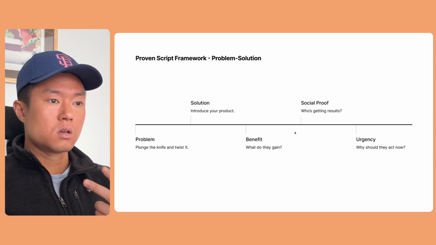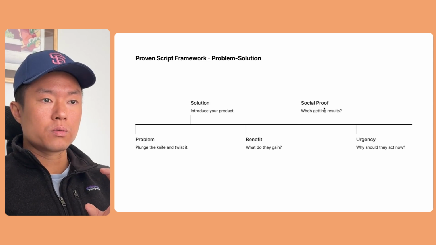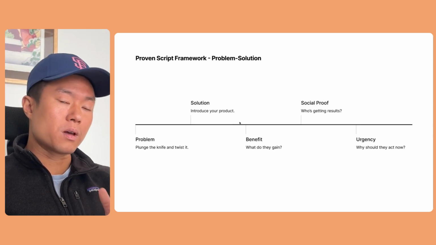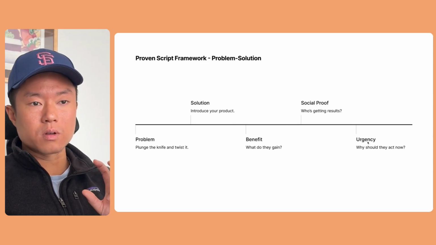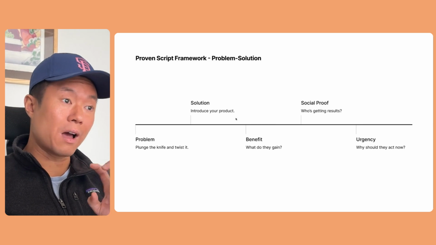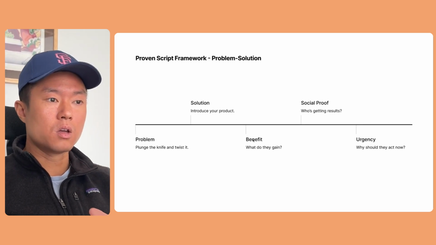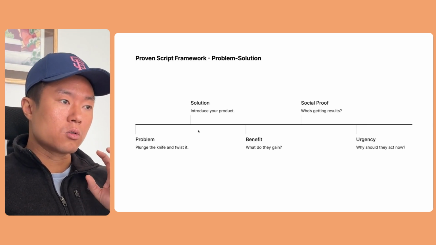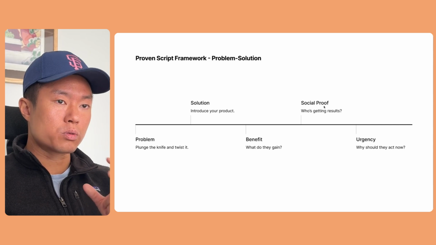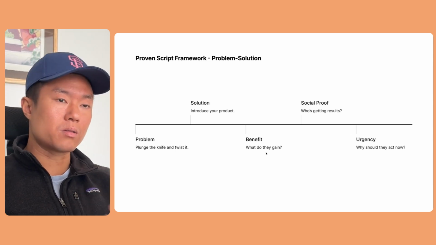So for instance, you can maybe move the social proof before the benefit, or you can try moving the urgency statement to after the solution before the benefit, or you can even go problem, solution, benefit, social proof, benefit. So you can play around with the ordering.